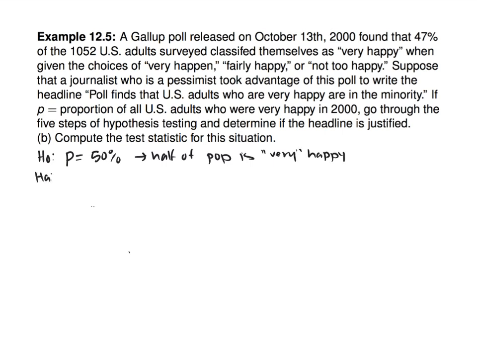The alternative is that the proportion who are very happy is less than 50%. So a minority is very happy. And that probably is what will replace question A on your exam.